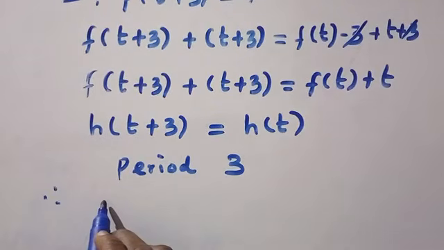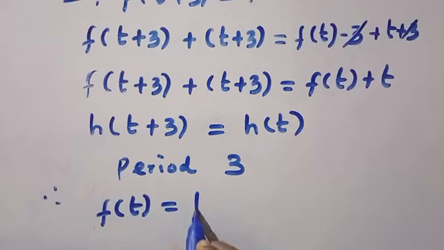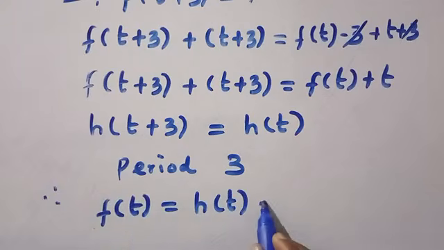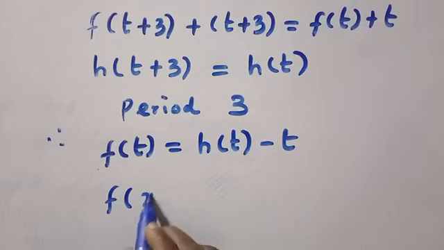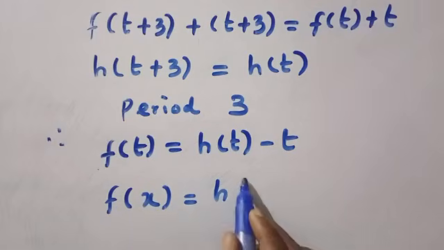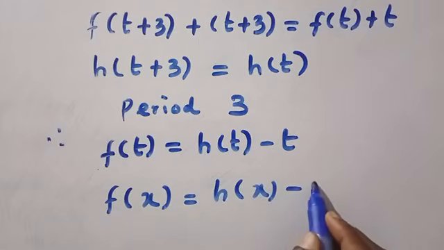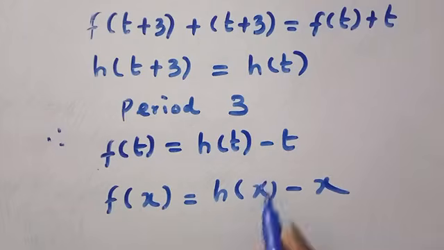So this implies that our f of t will be equal to h of t minus t. And changing t to x, we have f of x equals h of x minus x.